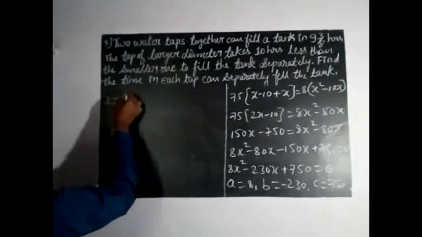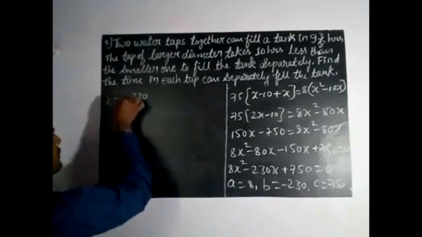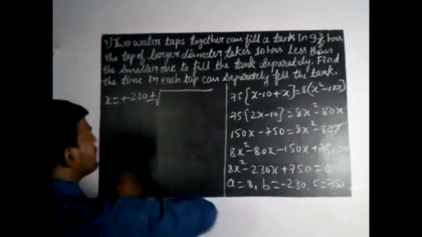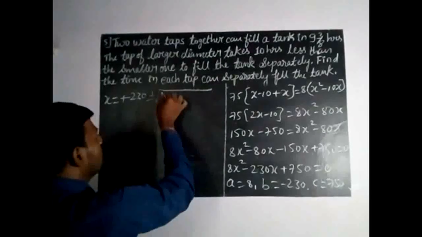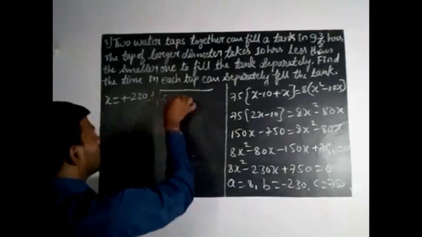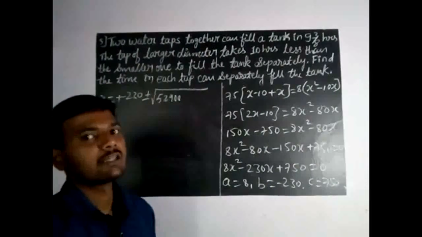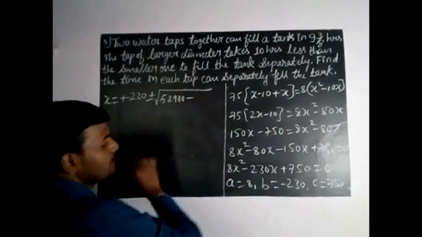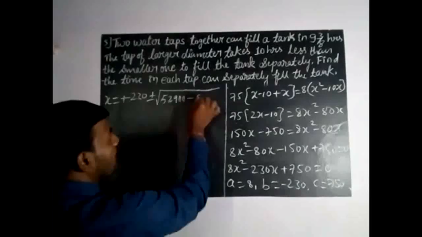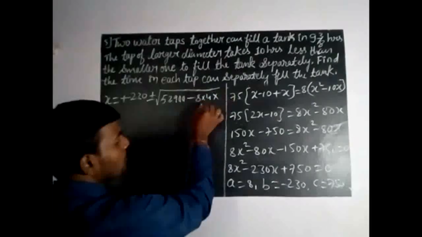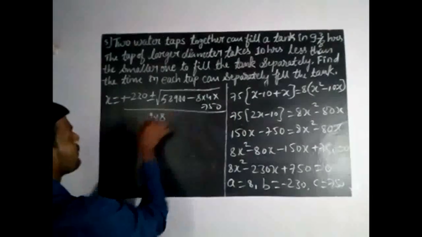Then x is equal to minus minus 230, that is plus 230, plus or minus root 230 whole square, that means how much, 52,900, minus into minus 8 into 4 into 750, all divided by 2 into 8.